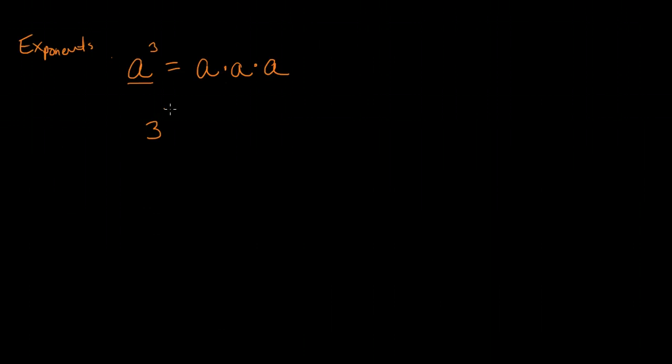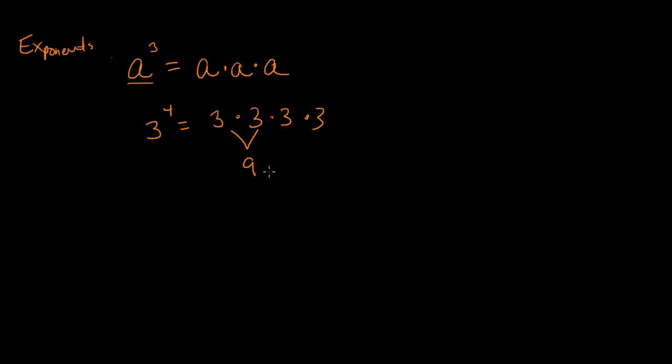So let's take a look at the number 3 and let's raise it to the fourth power. What that means is 3 times 3 times 3 times one more 3 there. So that's 3 times 3 times 3 times 3, 3 to the fourth power. Well, we know that 3 times 3 is 9.